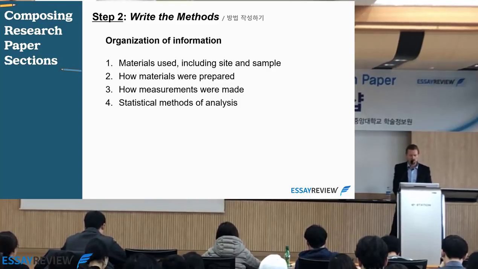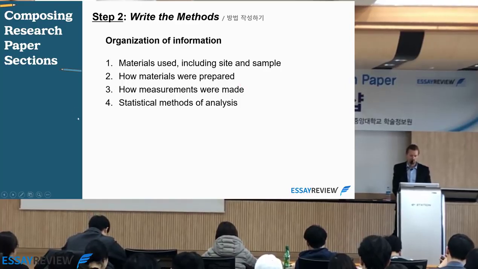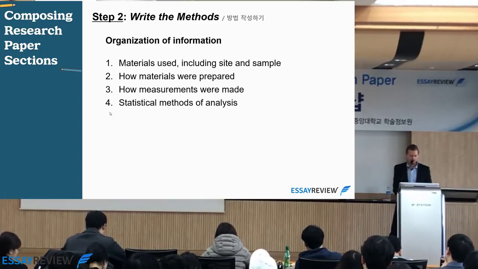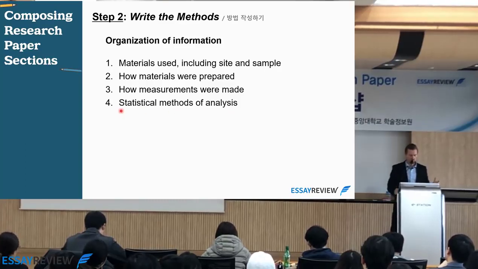Second, you're going to discuss how materials were prepared. What did you do with the materials to get ready to study them? Third, how were your measurements made? You can talk about the techniques you used to measure your data. And then fourth, what methods of analysis did you use? You get into more and more detail as you go on.